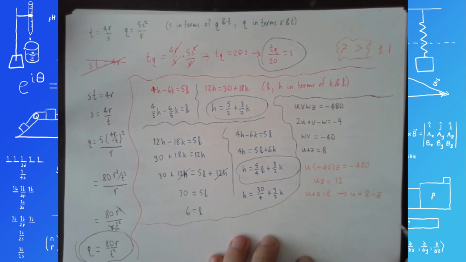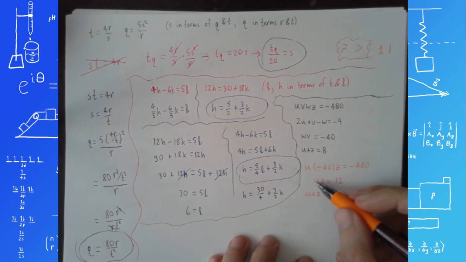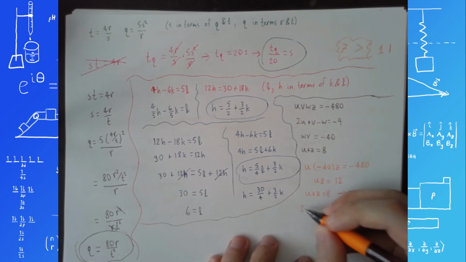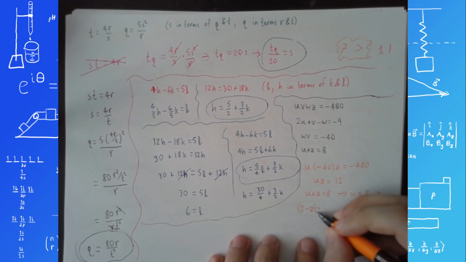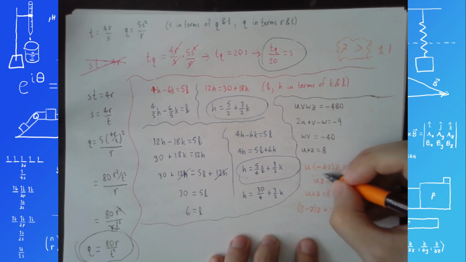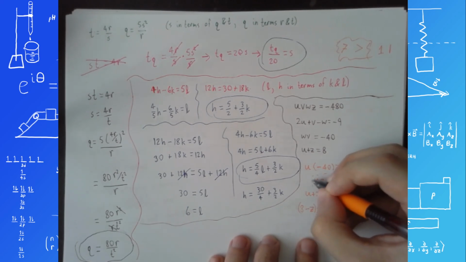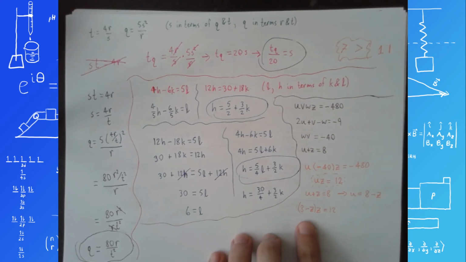Anyway, plug in 8 minus z for u up here, and I get 8 minus z times z equals 12. Just going off of this equation right here. 8 minus z times z equals 12.